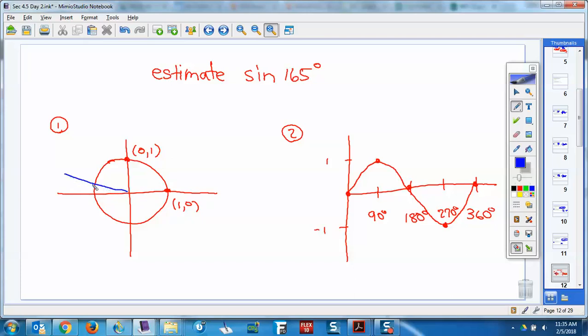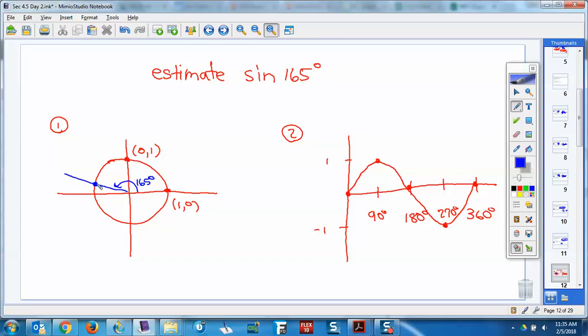Now, what's the sine here on the unit circle? There's 165 degrees. So what am I looking at here to get the sine of that? Well, it's not one we memorized.